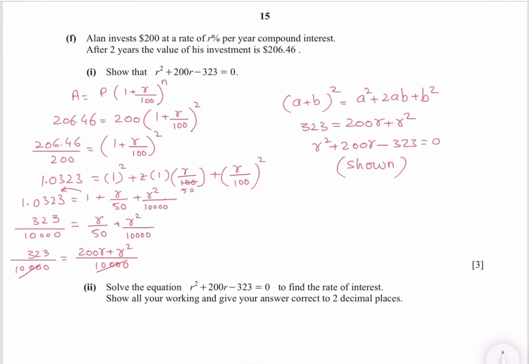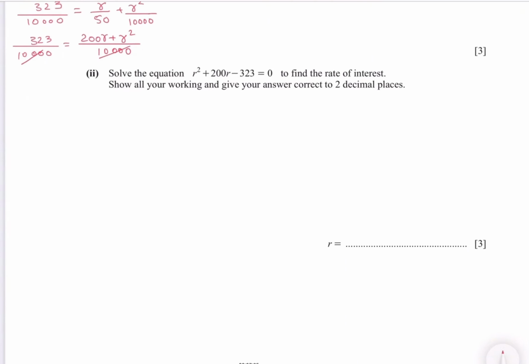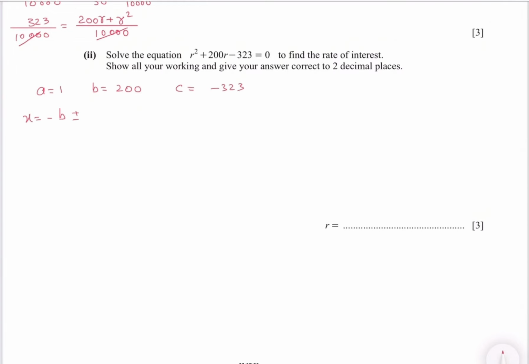Solve the equation R squared plus 200R minus 323 equals 0. So this is a simple question here. You have to use the quadratic formula. Your a is 1, b is 200, c is minus 323. So x is equal to minus b plus or minus the square root of b squared minus 4ac, over 2a.